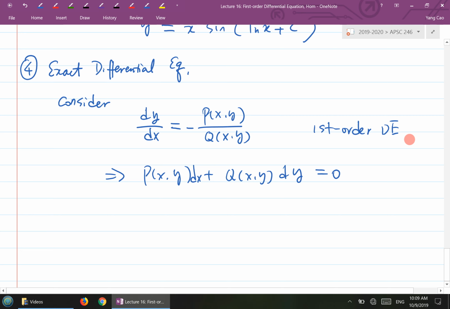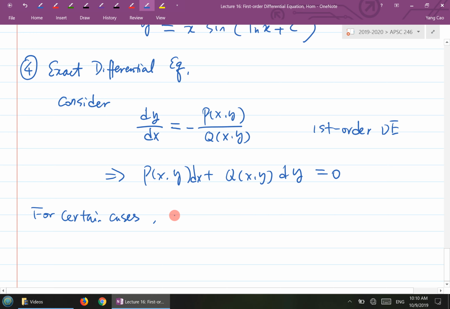For certain cases, the whole left side, let's just describe it.